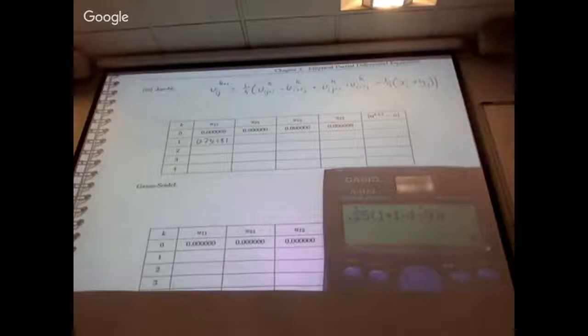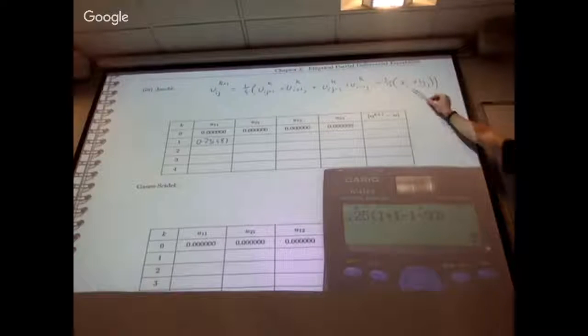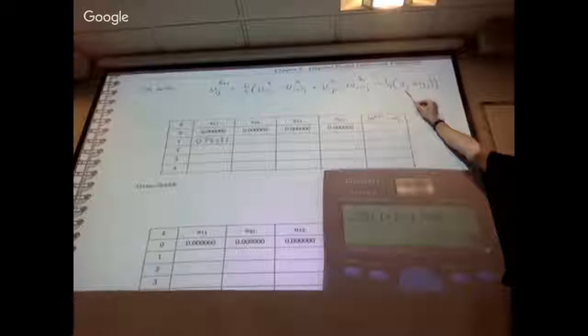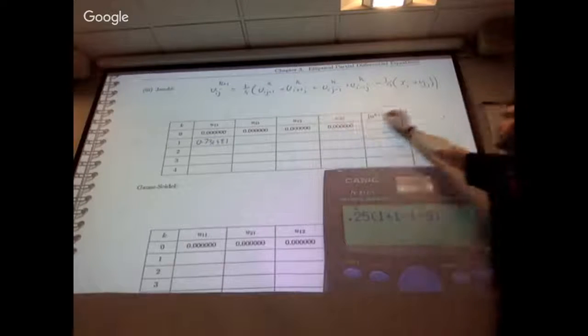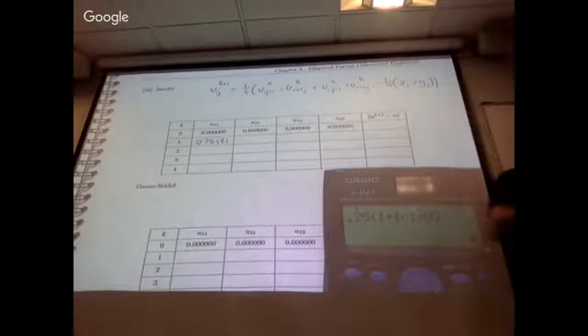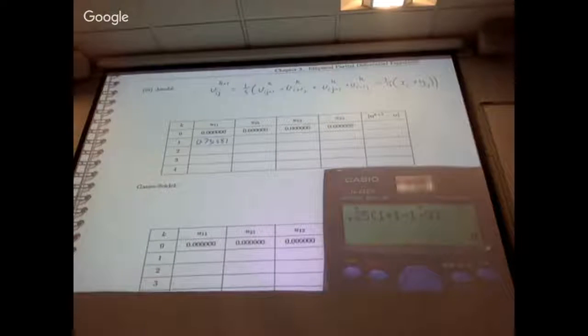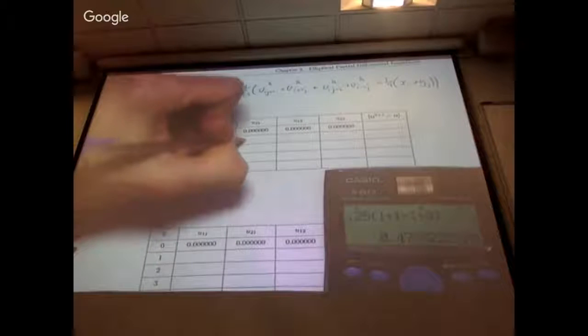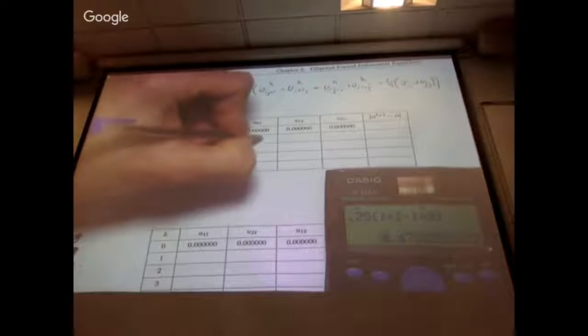The reason it was 1 plus 1 is because those are the boundary to the right and to the bottom. Minus 1/9 times x plus y. Well, x for this node here is 2/3, y is 1/3. So 2/3 plus 1/3 is 1. So it's just 1/9. And that's 0.47 and about 42.